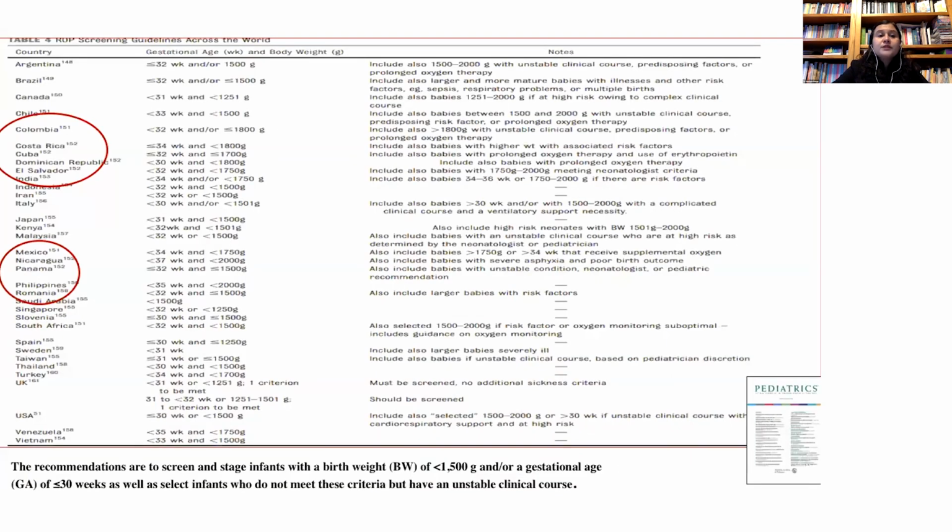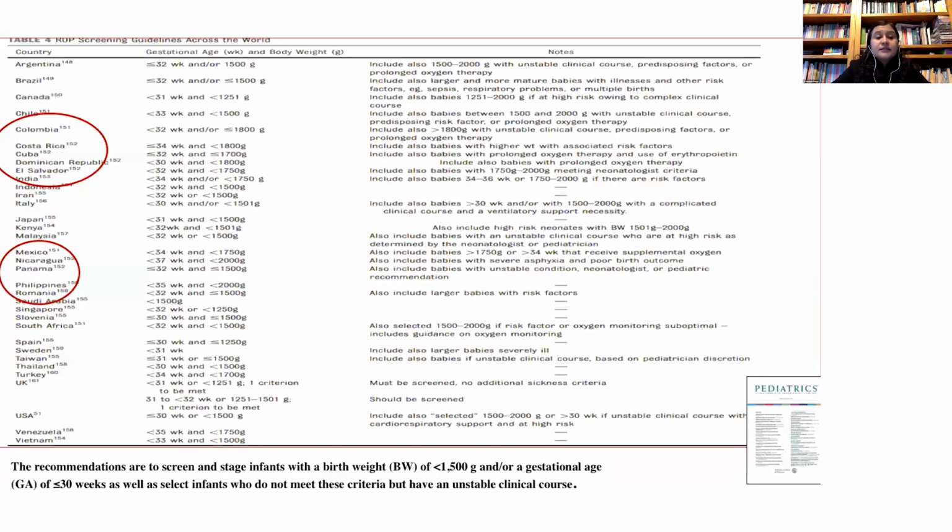So this is the comprehensive list of ROP screening guidelines across the world. If we look at this table, countries like Colombia, Costa Rica, Cuba, India, Mexico, Philippines, and Nicaragua have higher birth weight criteria and higher gestational age criteria.